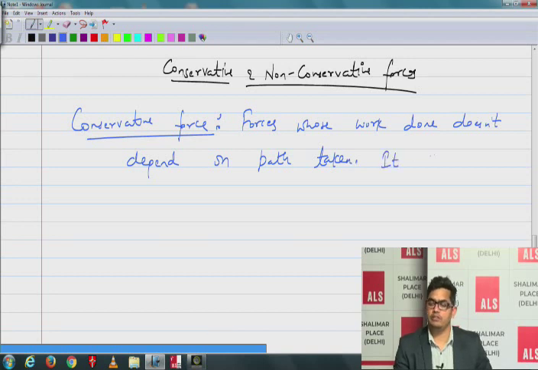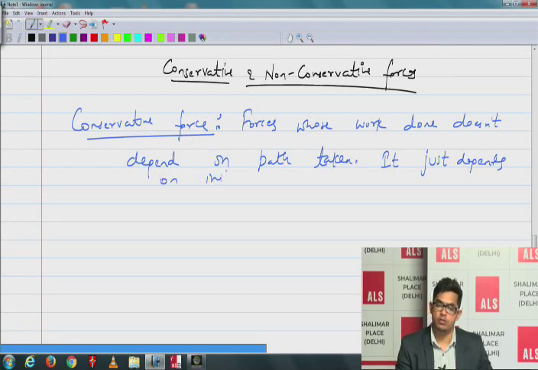It just depends on initial and final position.